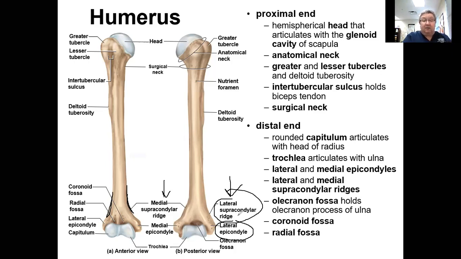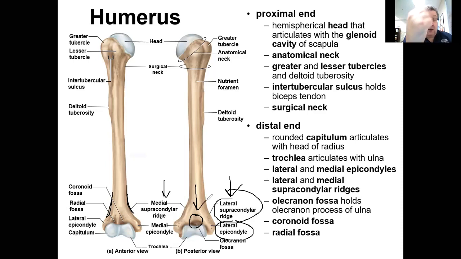The last structure that you're going to need to know is on the posterior portion of the humerus. And it's this circled area right here that I'm arrowing down. And this is known as the olecranon fossa. All right, that's where the olecranon portion of the ulnar bone goes in there when we flex and we extend our elbow.